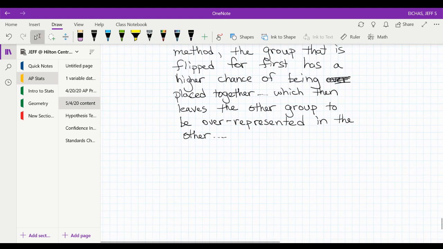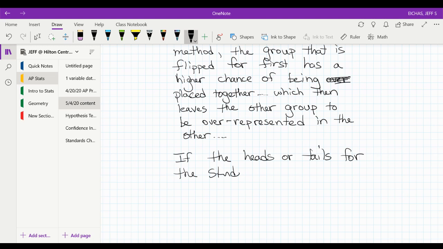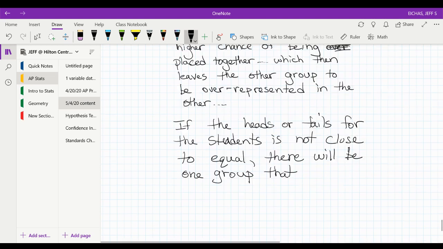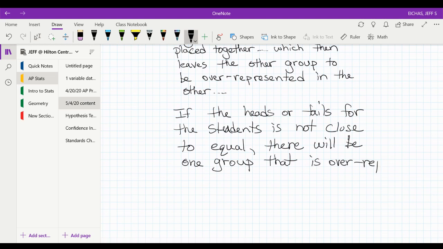Basically, if the heads or tails for the students is not close to equal, there will be one group that is overrepresented for each of the lunches.